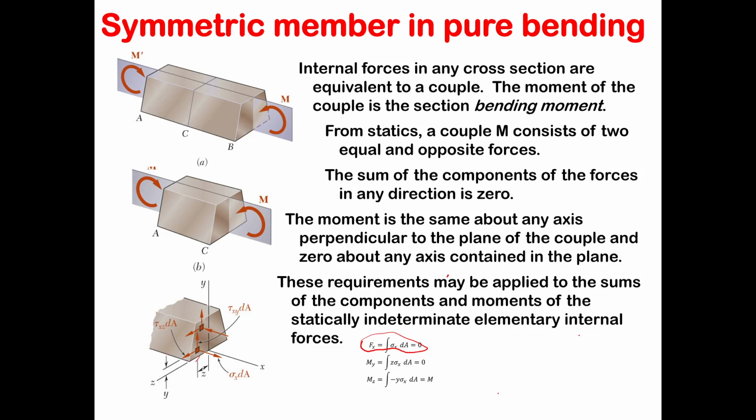Sigma of My is also going to be 0. And sigma of Mz, the summation of all moments in the z direction, is going to be equal to the moment M. All right, so we're going to use this force and moment balance to find the eventual deflection and find the eventual formulas we want to use in the bending analysis.